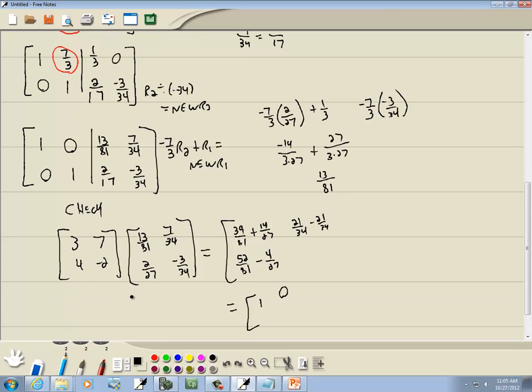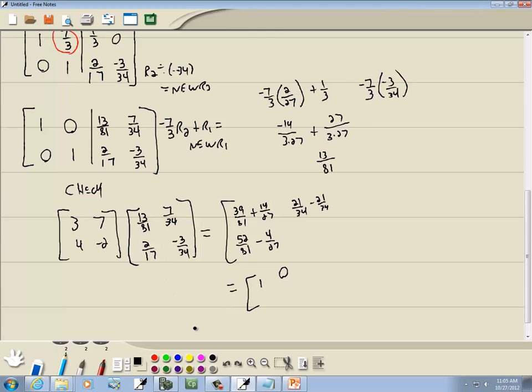And down to here. 17ths. Okay. And so then I did this times this. It's curious I came up with the 1 there, unless I just did my math wrong. There we go.